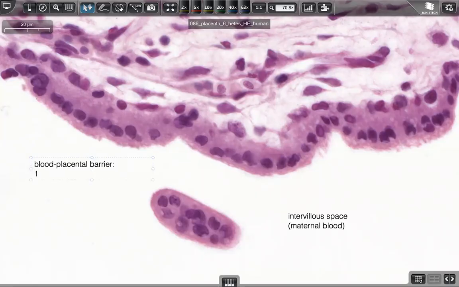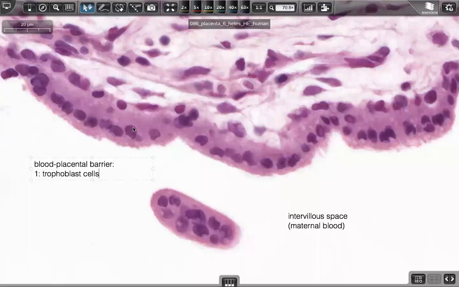The first one, the trophoblast cells. We can mention that at the first part of the pregnancy, until the end of the 4th month, we have the cytotrophoblast layer as well, but later just the syncytial trophoblast.